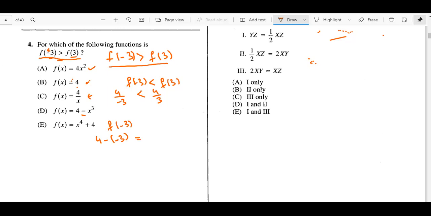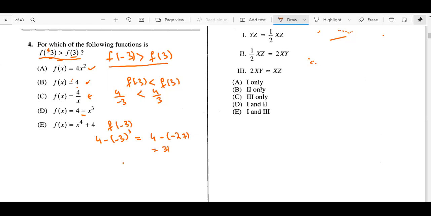This is cube here. So we are going to get 4 plus, I can take this minus out because I know my cubic answer is still going to have minus, and then I'll have minus 27. So this is going to give me 31.